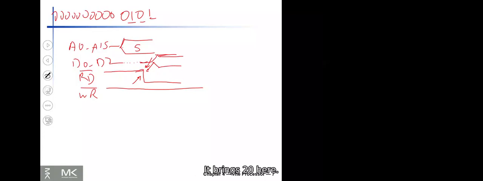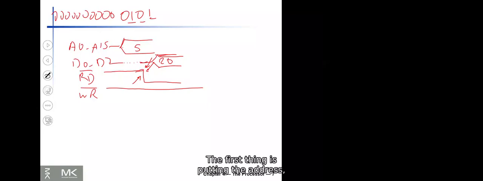So it brings 20 here. Now, if you look at D0 to D7, you see there is a 20 there. And then you could take the 20 and do whatever you wanted to do with it. Okay? So this is the timing of a read.